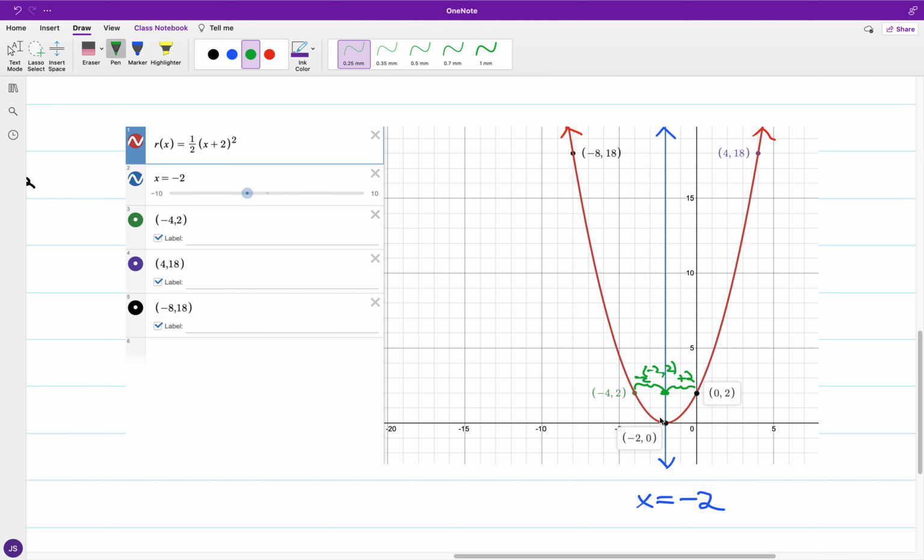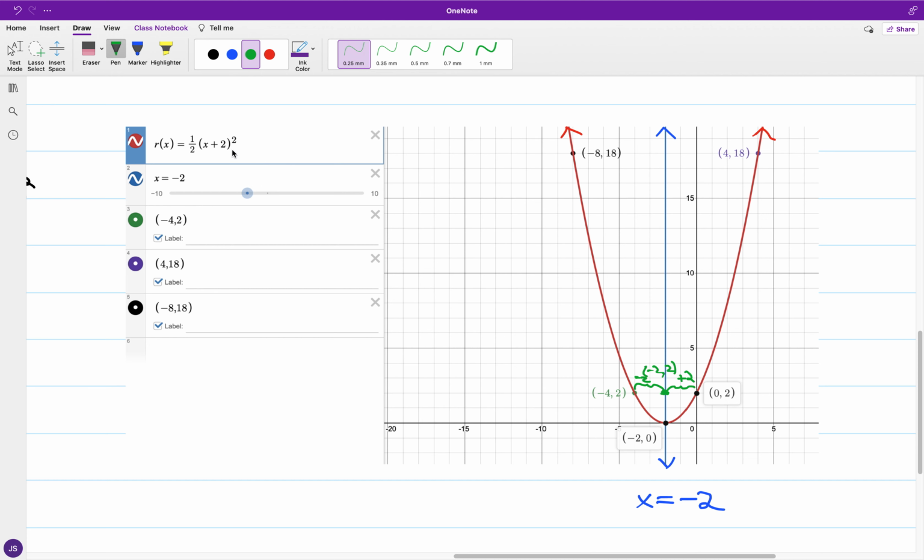And if I were to go up, in this particular case I selected a value of x, say 4.